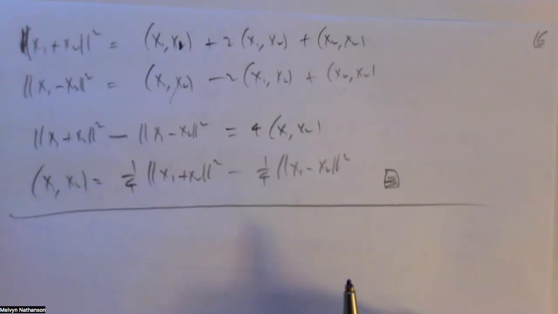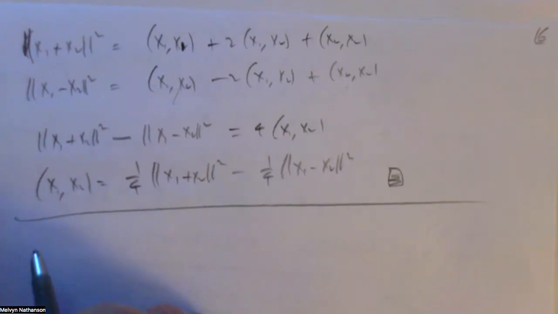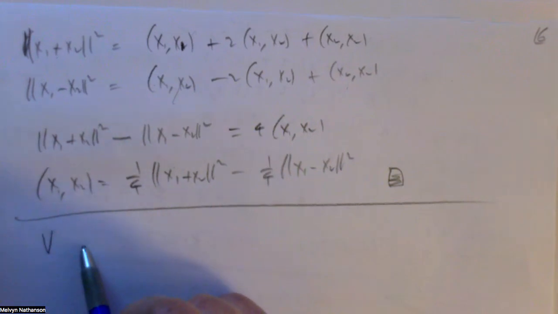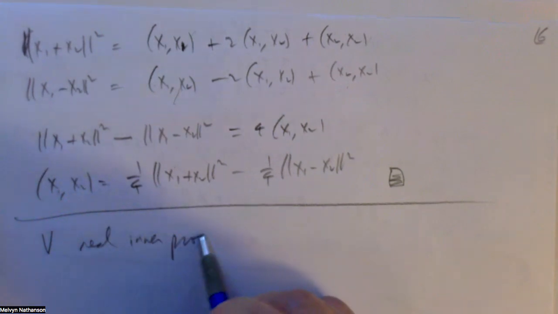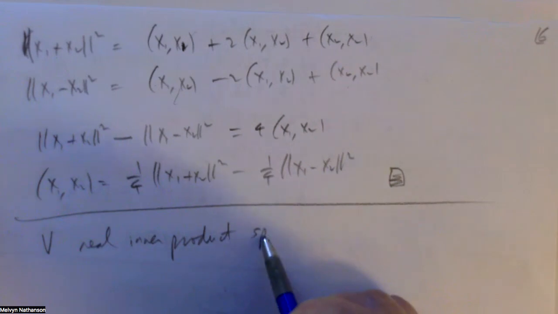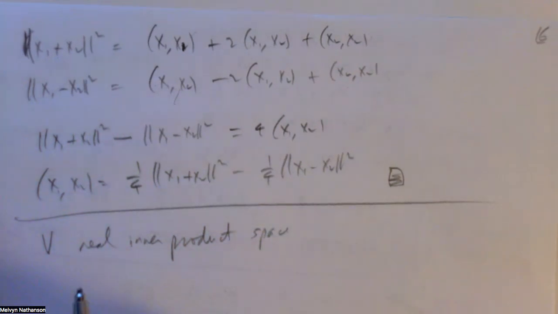Now, suppose we have V, a real inner product space. When we talk about inner product spaces, that is vector spaces with an inner product, we only are using vector spaces over the reals or vector spaces over the complexes.